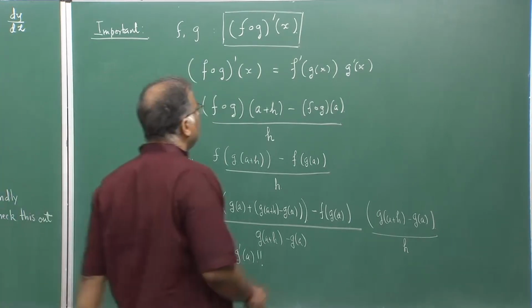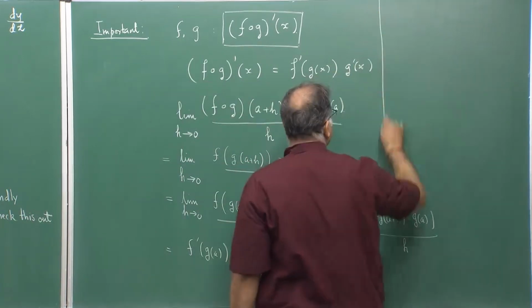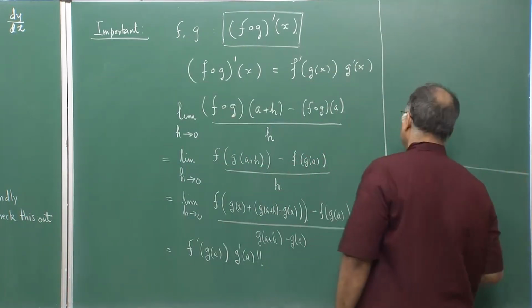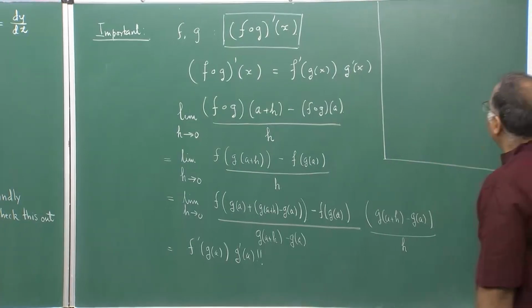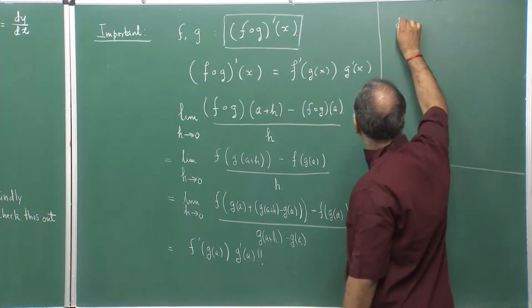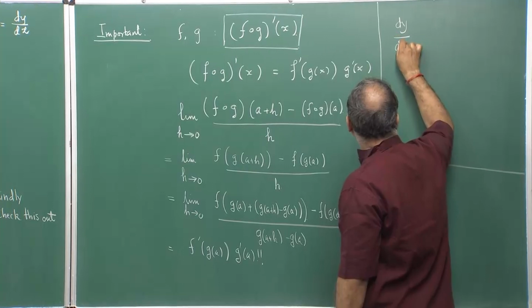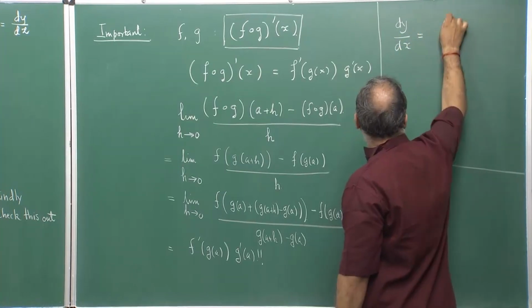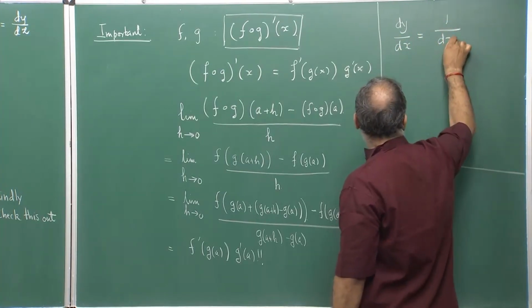One thing which I have seen students often do, it does not matter where you are a student, it is usually assumed that dy dx is 1 by dx dy, as if it is just like a fraction.